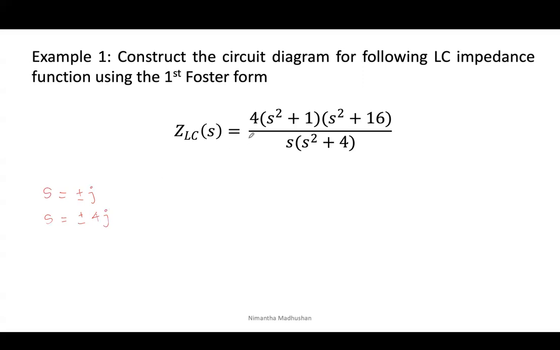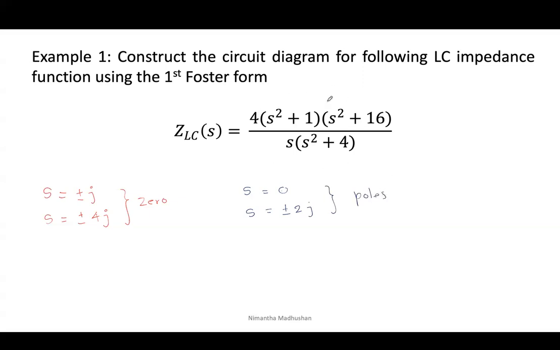These are the roots of the numerator, and these are the zeros of the function. And then I will consider the denominator. Roots are s equals 0 and s equals plus or minus 2j. And these are the poles of the given function.